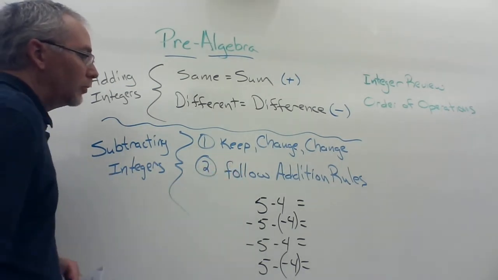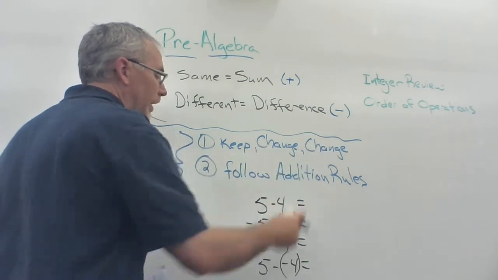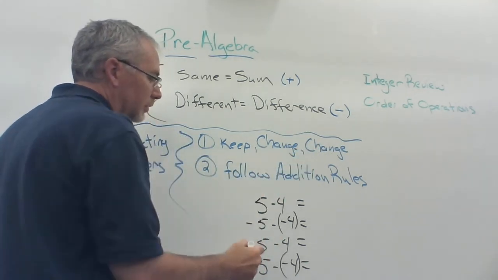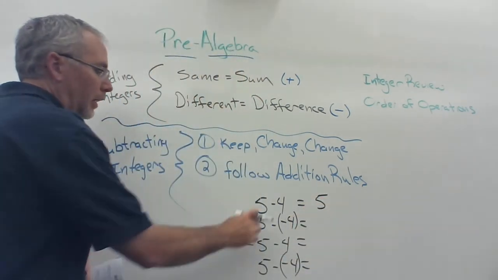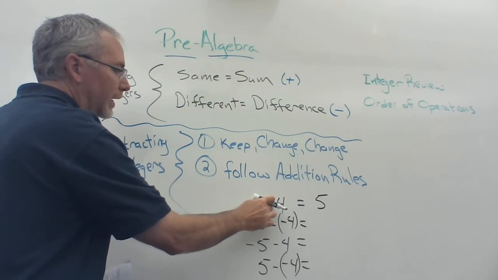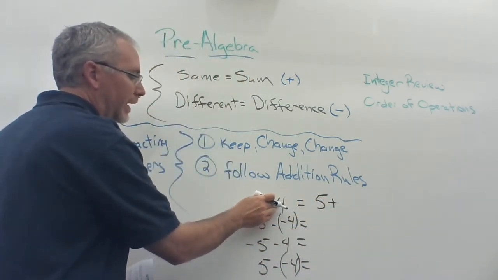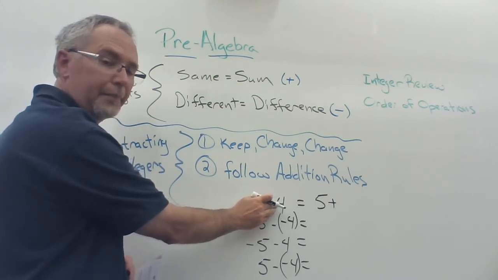So if I follow my rules for subtraction, I'm going to do keep, change, change. And so here's what that looks like. I take my first number and I keep it. So in this case, it's 5. I change my minus to a plus. And then once I've done that, all I'm left with is the number 4. I change number 4 to its opposite.